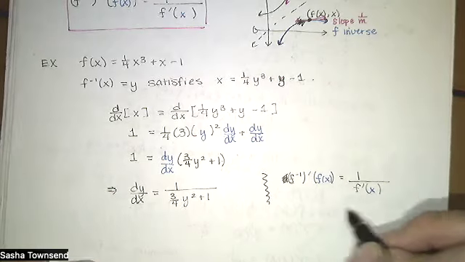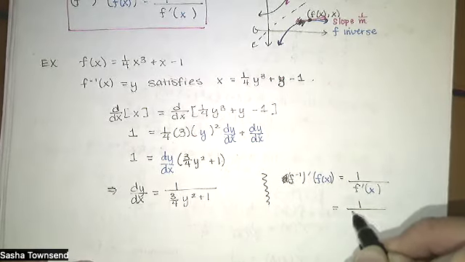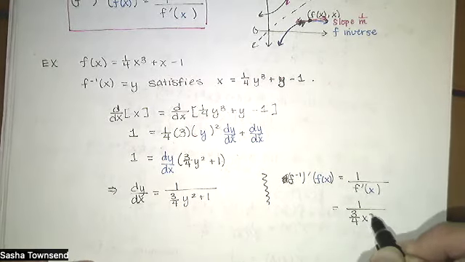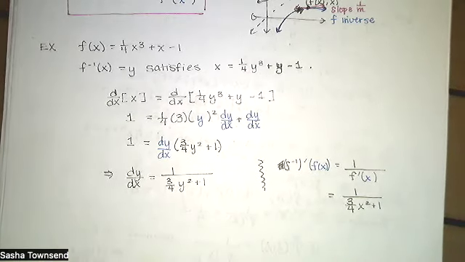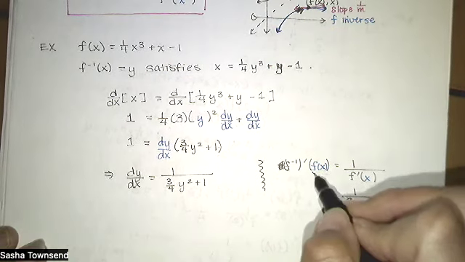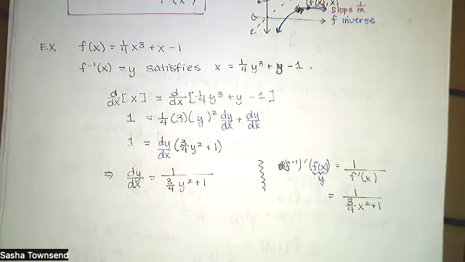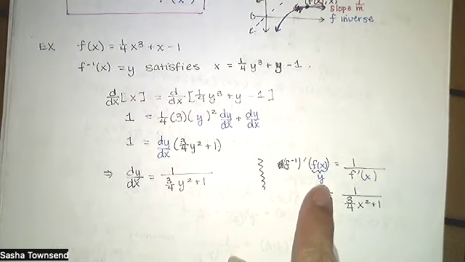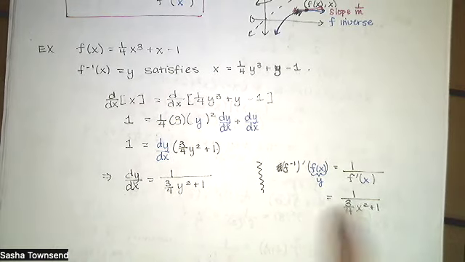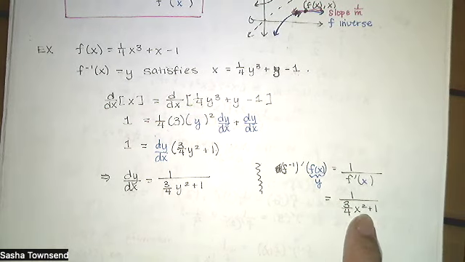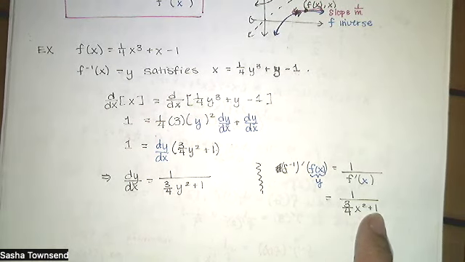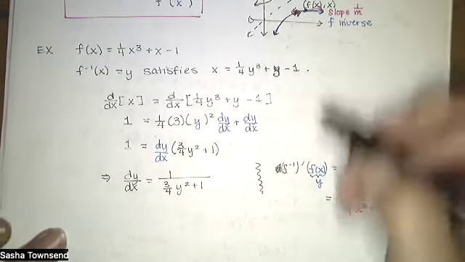And then for that example, we said that f prime of x was 3/4 x squared plus 1, and that this was y. So we have f inverse prime at the original y value is equal to 1 divided by the slope at the corresponding x value.